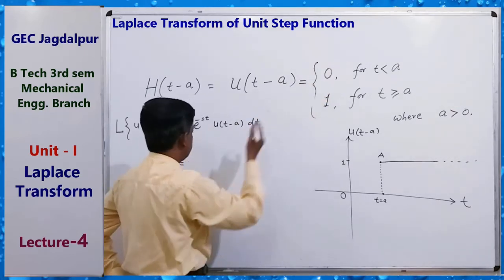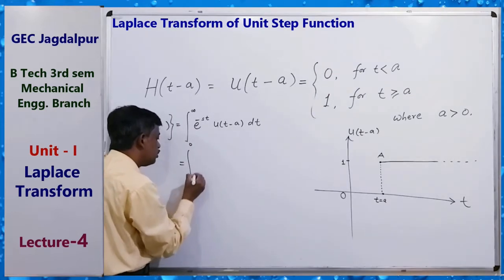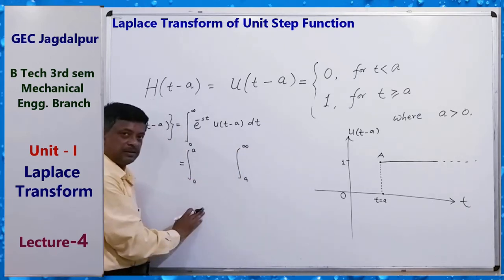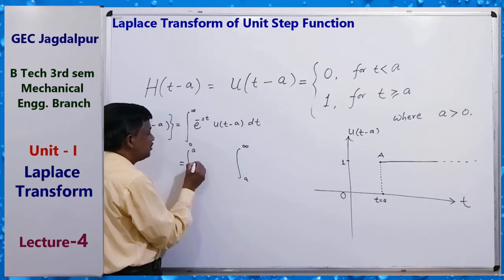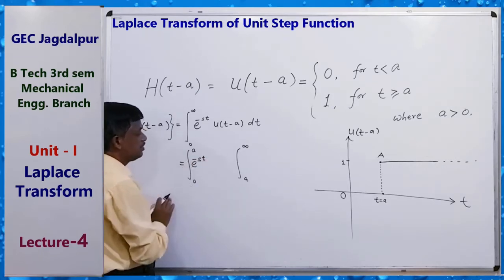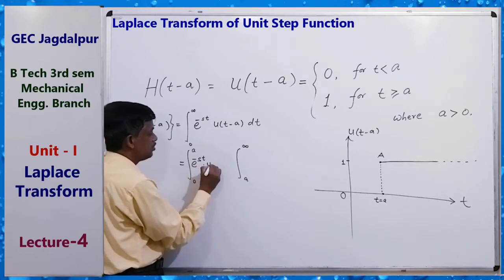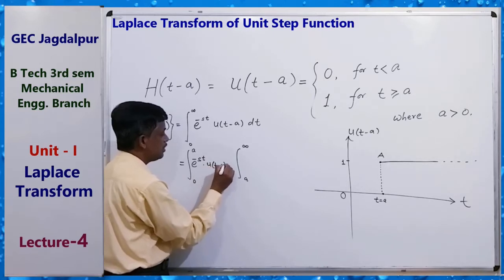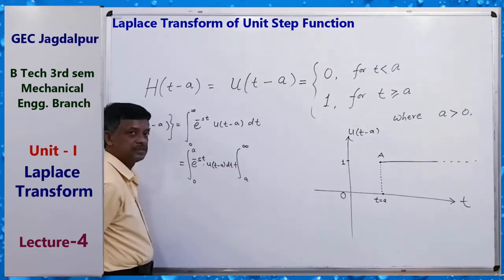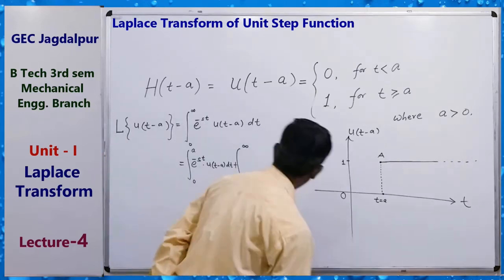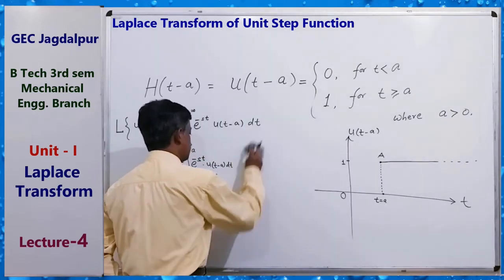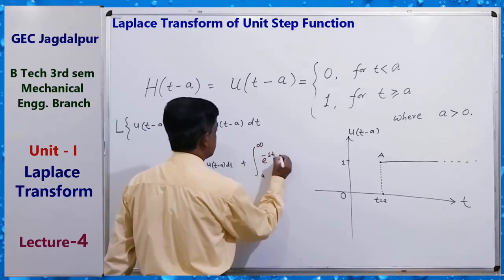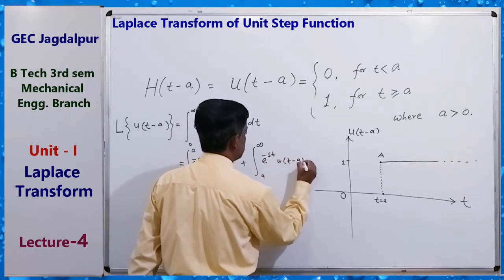If so, this limit can be split into 0 to a and a to infinity. So here the integral from 0 to a of e to the power minus st u(t minus a) dt plus the integral from a to infinity of e to the power minus st u(t minus a) dt.